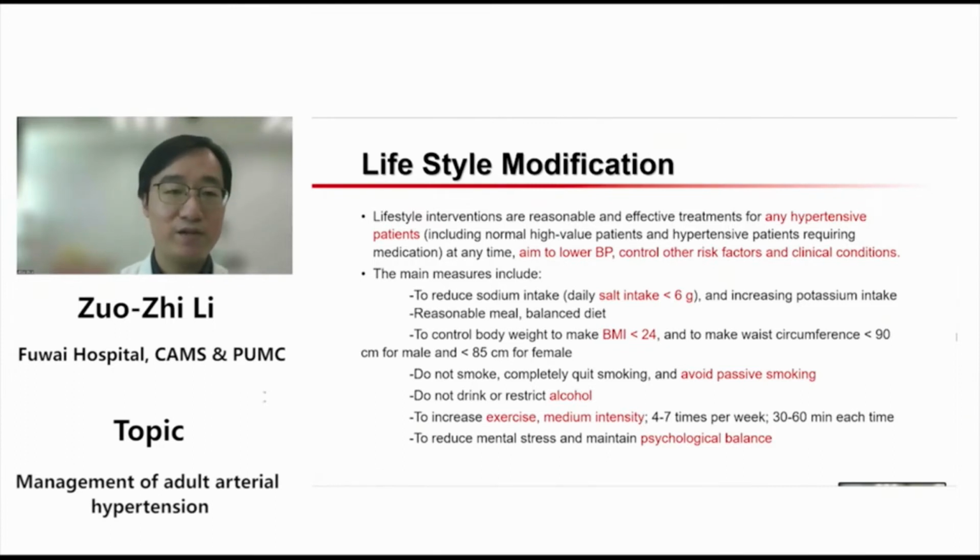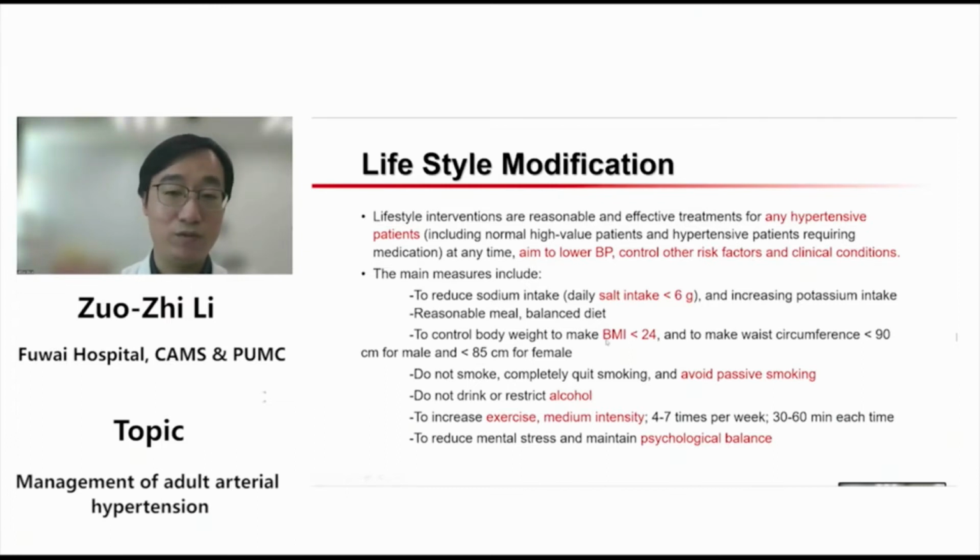The main measures include reducing sodium intake; according to WHO, the daily salt intake should be below 6 grams, and also increase potassium intake. The patient should also have a reasonable meal and balanced diet, and control body weight to make BMI below 24.